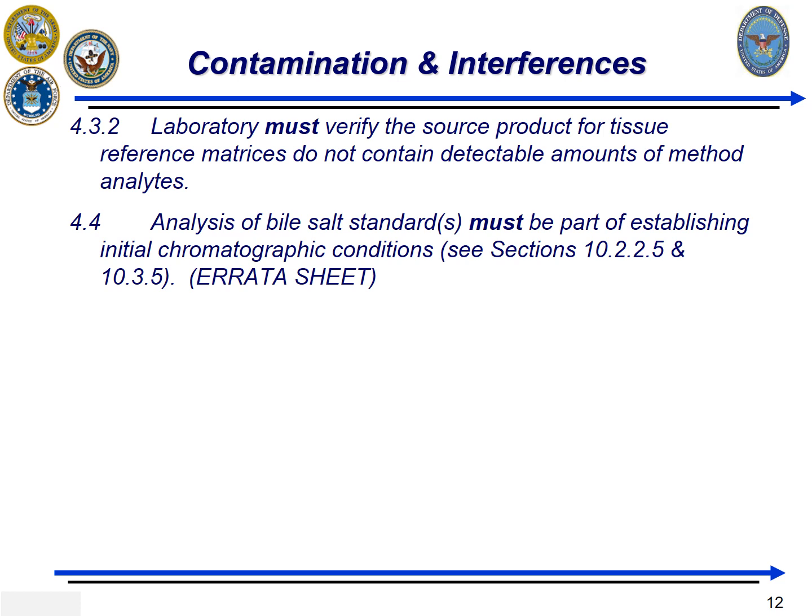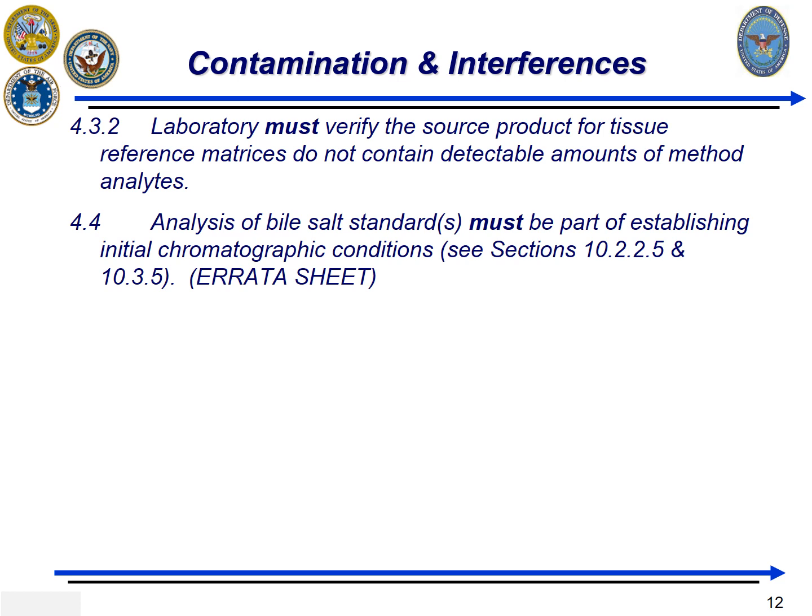And lastly, with respect to interferences, the method requires the analysis of bile salt standards to be part of establishing the initial chromatographic conditions that are found in sections 10.2.2.5 and 10.3.5. This comes from the errata sheet.